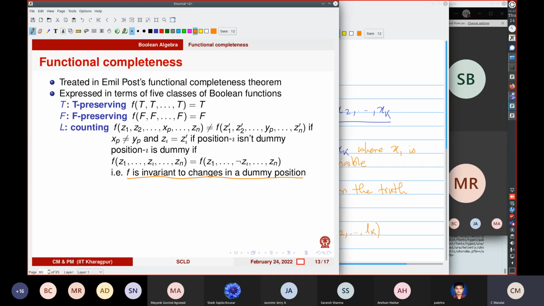But what is this counting? So let us come back to counting. So if you just ignore the dummy variables, that is, position I isn't dummy.